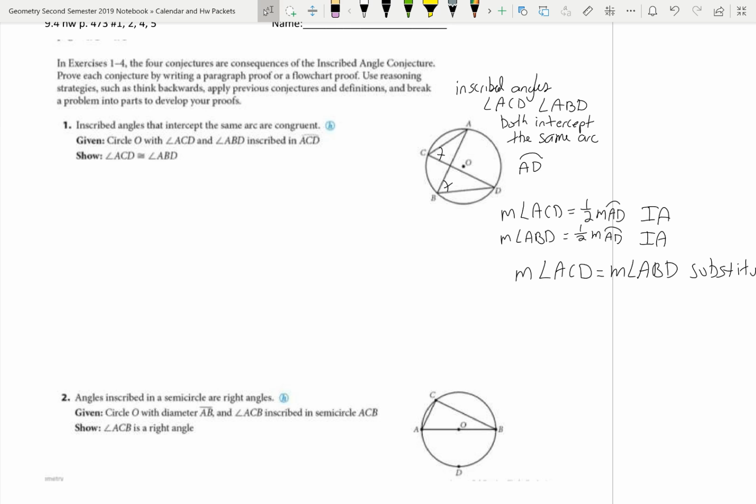So we'll start with what you're given, that circle O with angle ACD and angle ABD inscribed in arc ACD, and that is given.